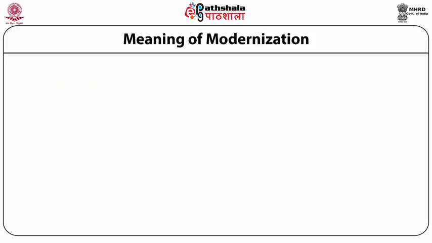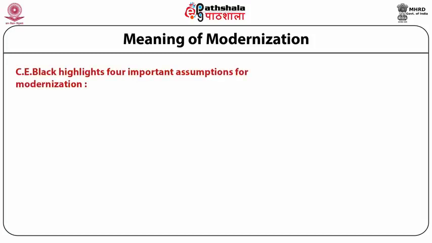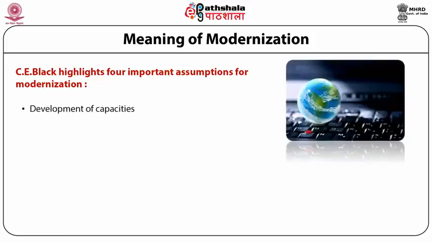Let me now mention the views of C.E. Black about modernization. For C.E. Black, there are four important assumptions for modernization. The first is development of capacities or capabilities by the modern political and social institutions.